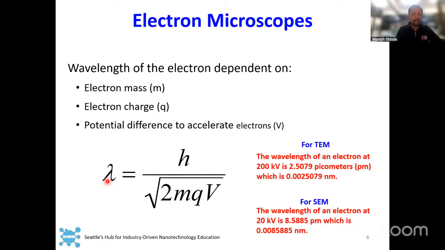The smaller the lambda, the smaller the numerical aperture, the better the resolution. Since V is 200 kV, the wavelength you will get is 0.0025079 nanometer. It is very small. With that, you will get very high resolution as compared to the optical microscope.